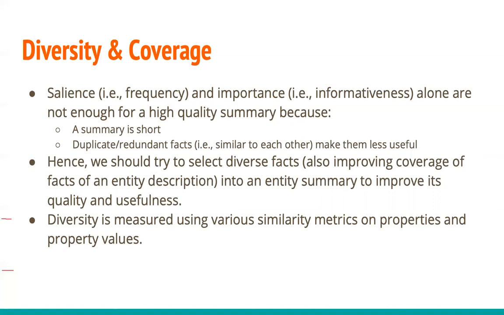So together with considering all these features, we should also try to make summaries that are meaningful. So how can we do it? We have to add one more dimension, one more type of feature.